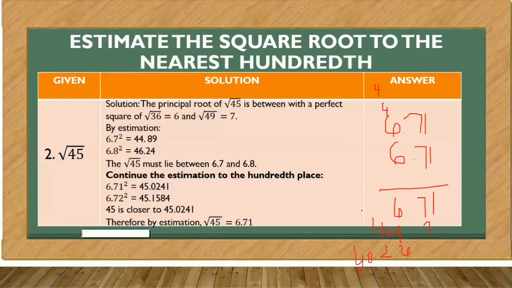And then add. Add natin sila. Bring down 1. Bring down 1. 7 plus 7, 14. Carry 1. 9 plus 6, 15 plus 1, 16 plus 6, 22.